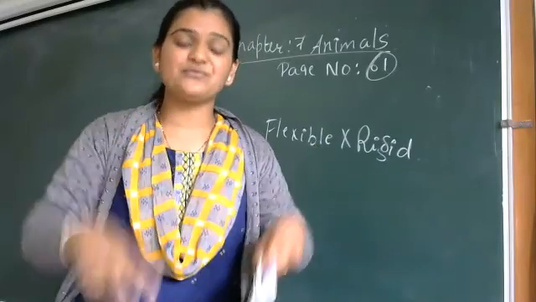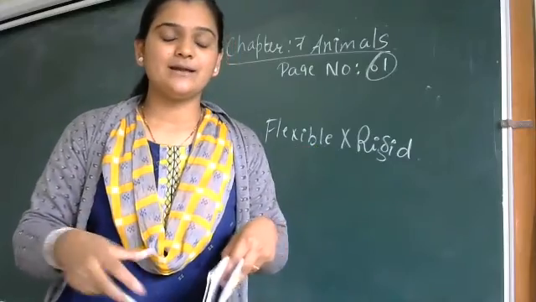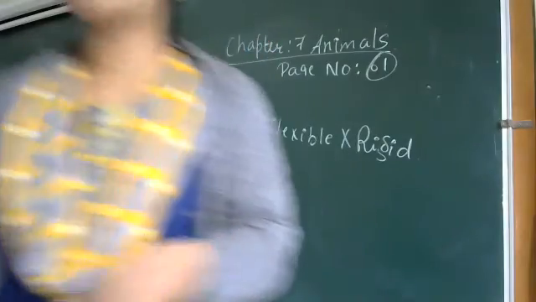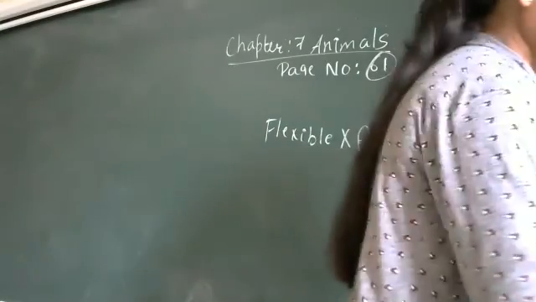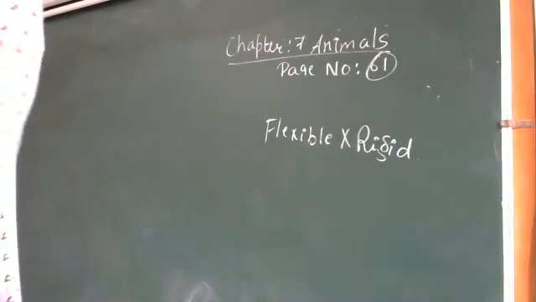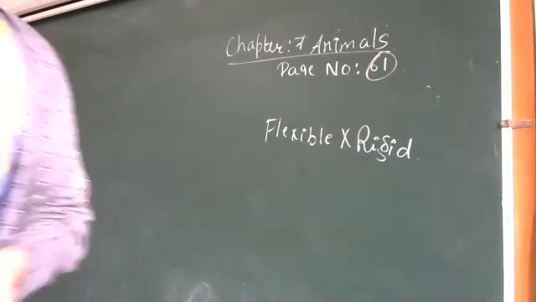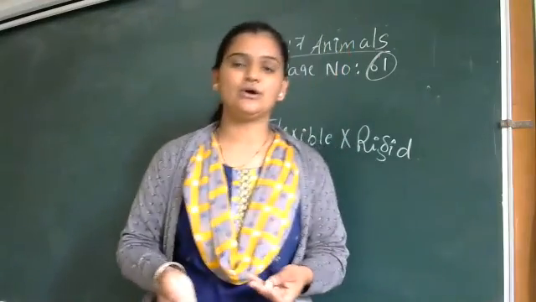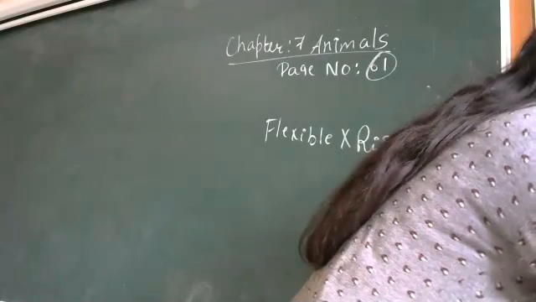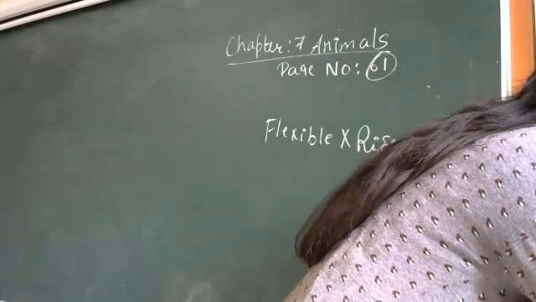They have their roots fixed in the soil, but we can find animals which can move. So tomorrow we will look at the movement in animals. Not tomorrow, day after tomorrow.